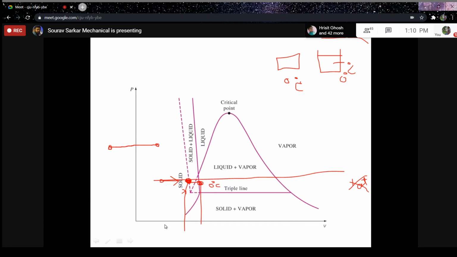After reaching 4 degrees Celsius, the volume will again increase. After a certain point, it will reach the boiling point. Then the boiling will start. If I explain it further, just wait for another illustration.